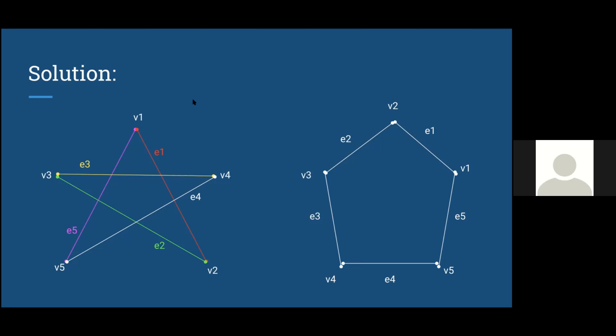In other words, in order to make them the same type of graph, the same vertices have to have the same edge, basically. Correct.